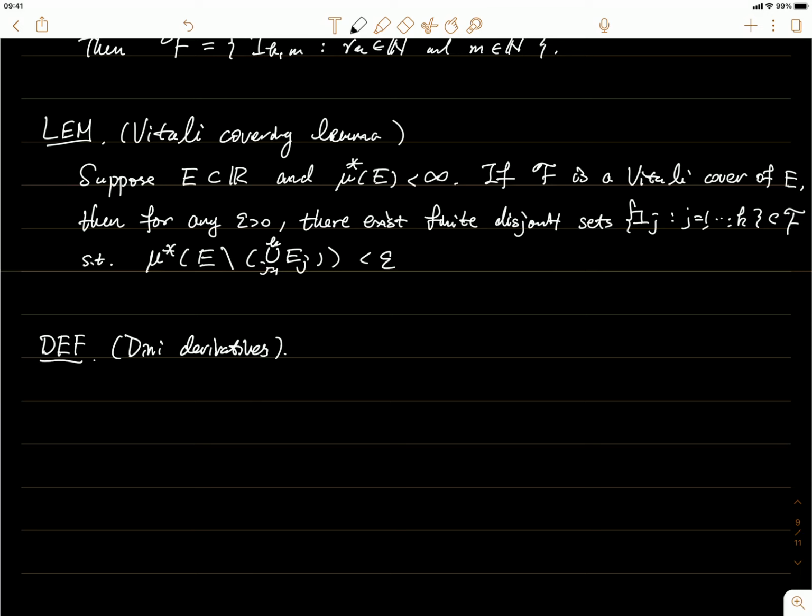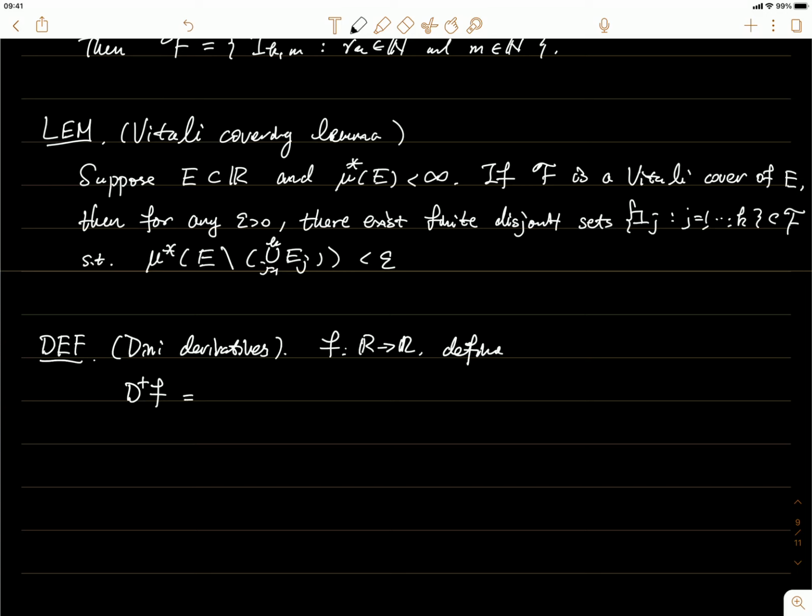So what are these? Suppose we have a function f from R to R, and define, so there are 4 derivatives we're going to define. The first one we use the notation D plus f.